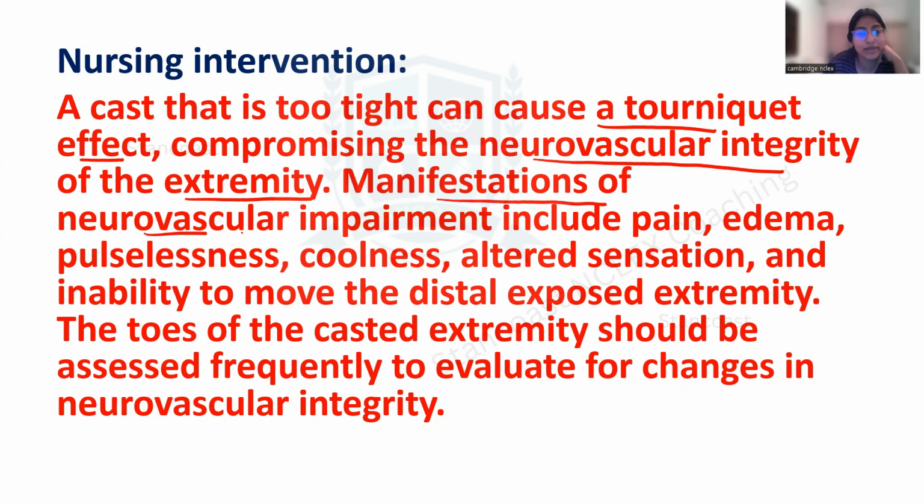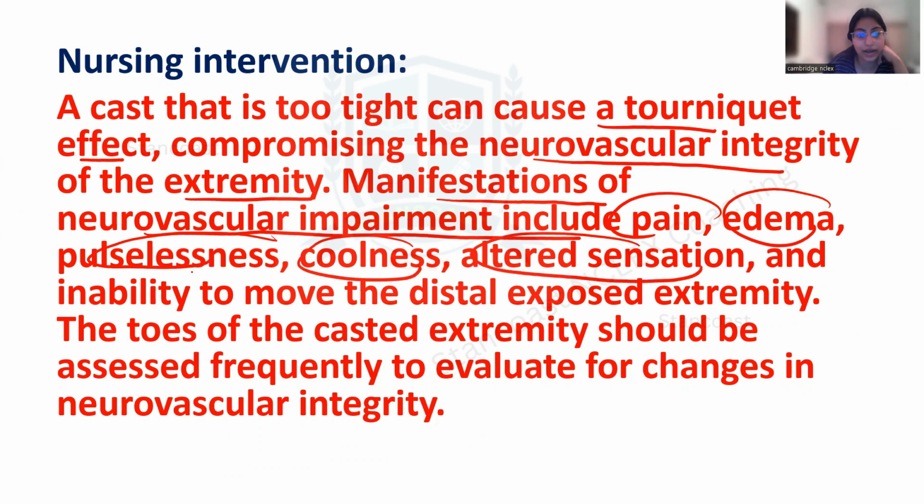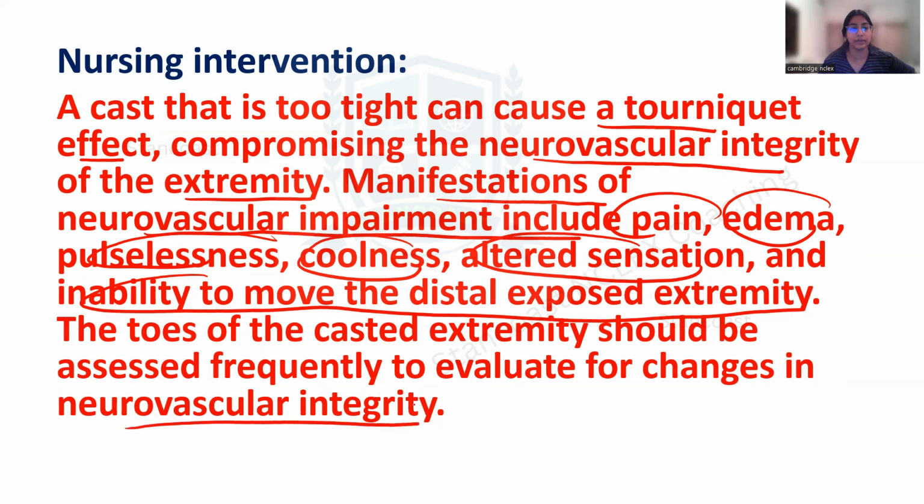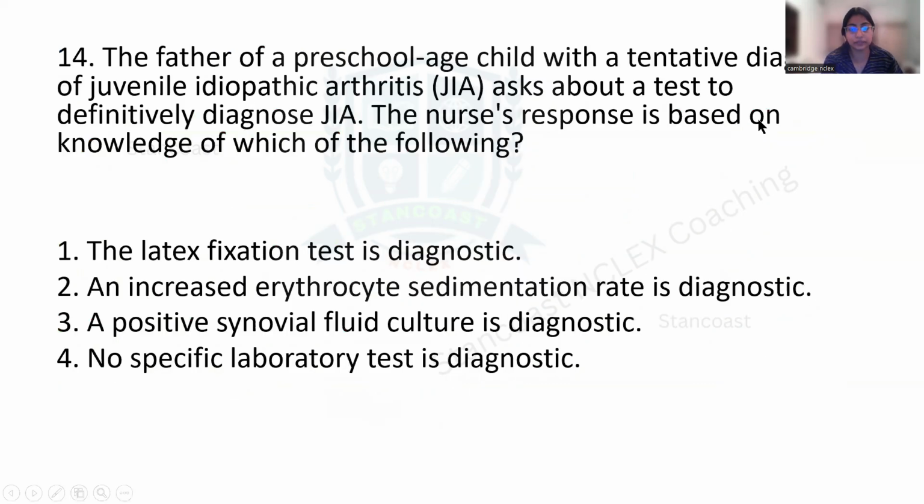Manifestations of neurovascular impairment include pain, edema, pulselessness, coolness, altered sensation, and inability to move the distal exposed extremity. So it is very important to assess the changes for neurovascular integrity. Now let's move to question number 14.